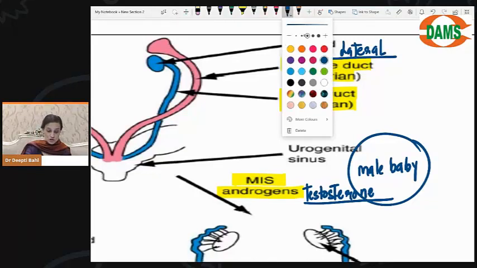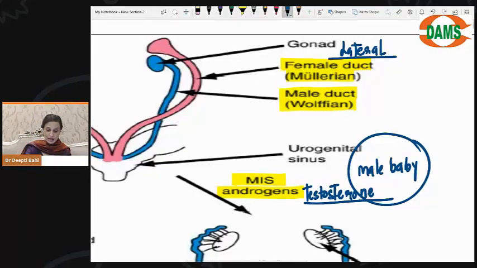So what is the full form of MIS? MIS stands for Mullerian inhibiting substance.